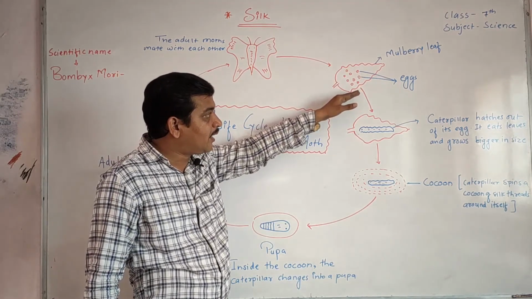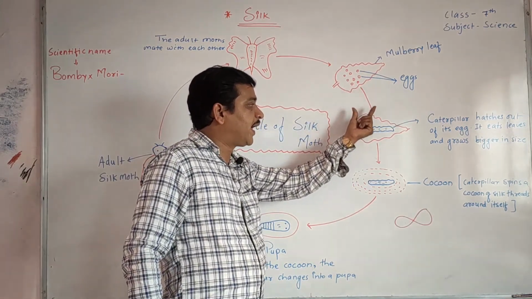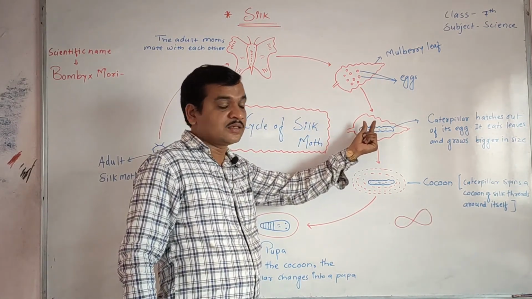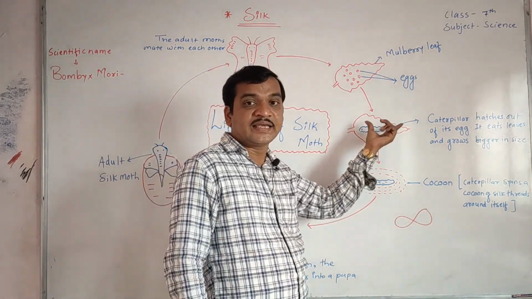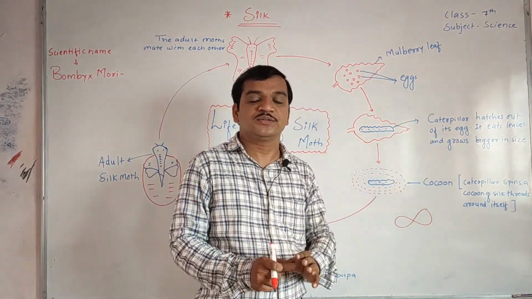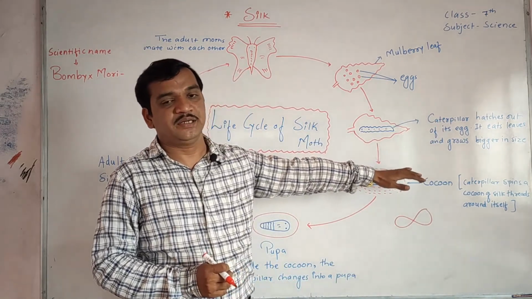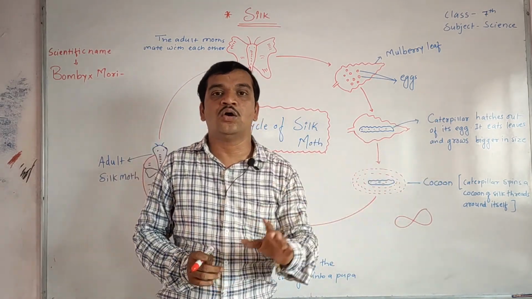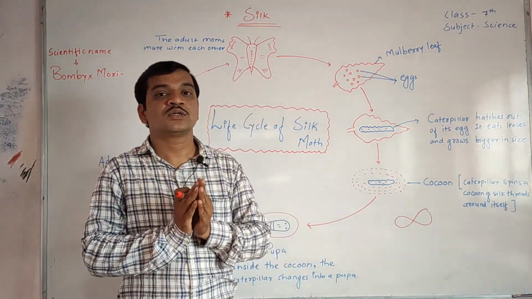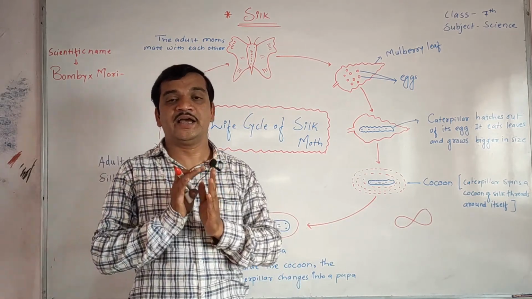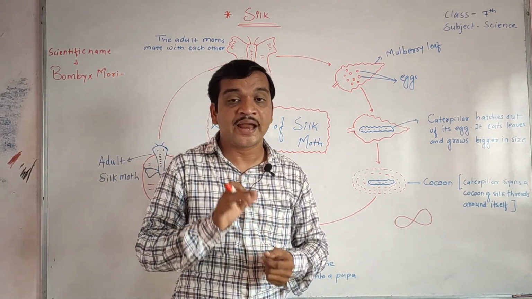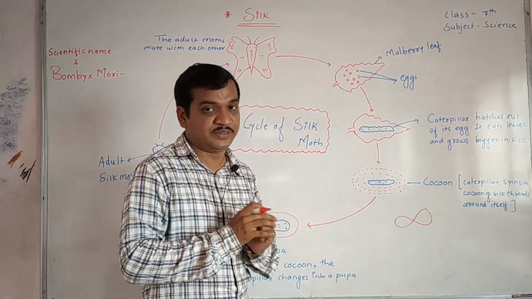Then after the eggs hatch, caterpillars come out. These caterpillars feed on mulberry leaves continuously, day and night, for about 6 weeks.